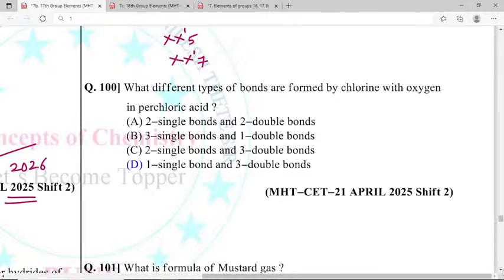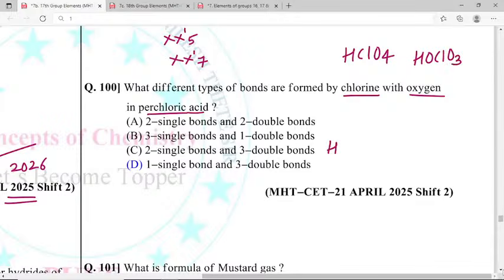What are the different types of bonds of chlorine with oxygen in perchloric acid? What is the structure of perchloric acid? HClO4, that is HOClO3.